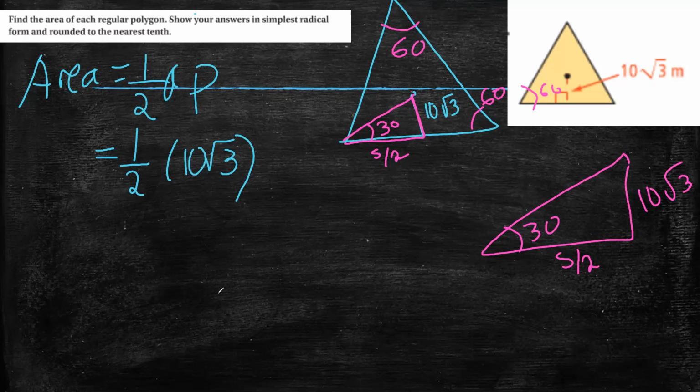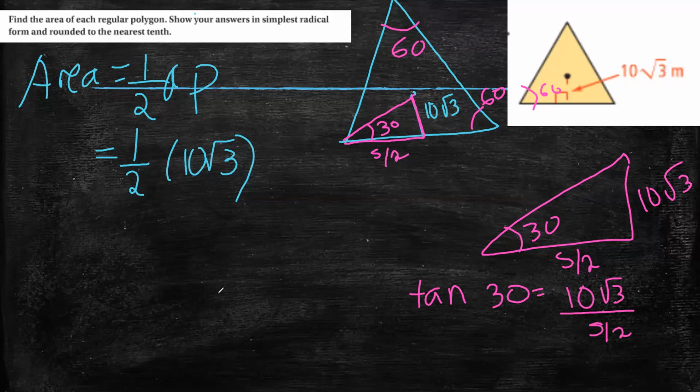Yes, teacher. So each side will be s over 2. How can I find s over 2? The given ones here are the adjacent and the opposite, so I can use the tan. So I will say, tan 30 is the opposite, 10 square root of 3, over s over 2.